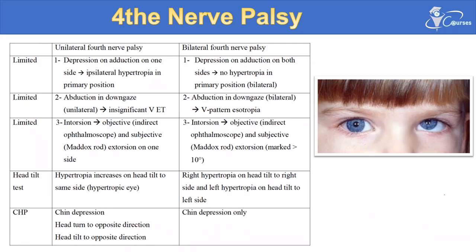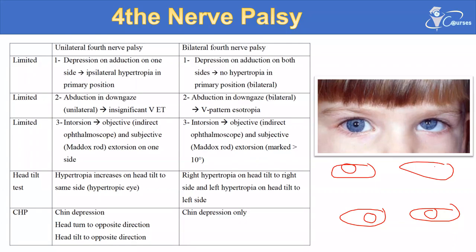Let me just draw it. So when the patient is looking down, his eyes will be like that. When the patient looks up, his eyes will be like that. Why? Because of the secondary overaction of the inferior oblique.